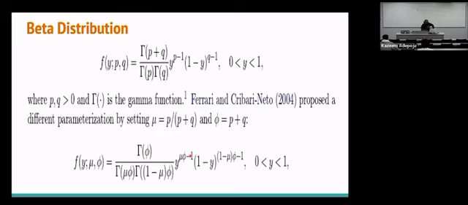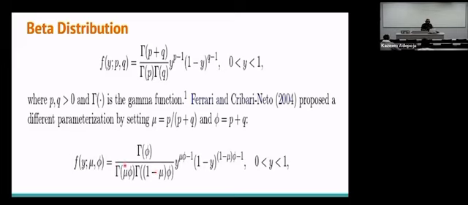Ferrari and Cribari-Neto, 2004, reparameterized the conventional beta distribution. They just plug in mu to represent p over p plus q, and phi to represent p plus q, and that leads to a brand new version of a beta distribution.